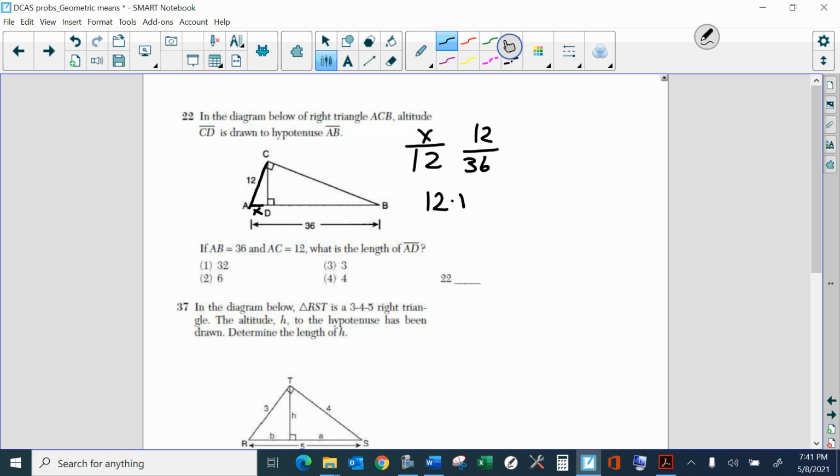So I have 12 times 12 equals 36X. So I'm going to divide by 36 on both sides. 12 goes into 36 3 times, and 12 divided by 3 is 4. So the answer is 4. Notice I didn't need a calculator, so I left it as 12 times 12.